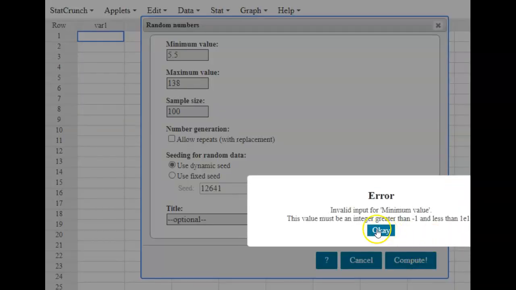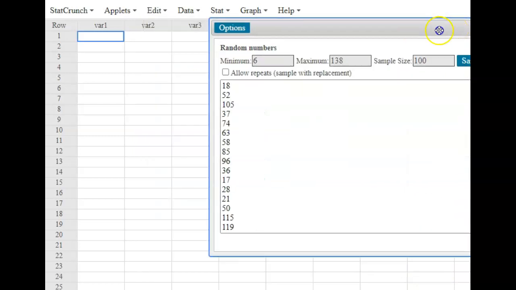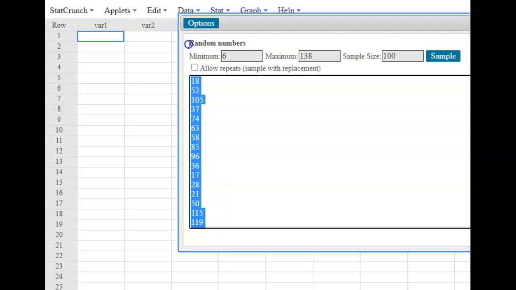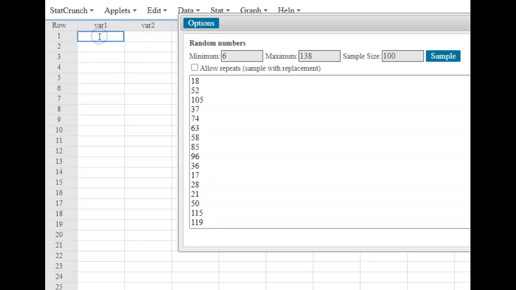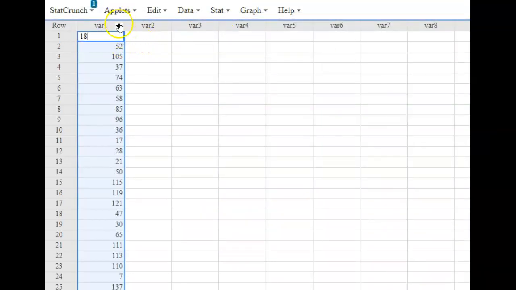And I'm going to compute. Oh, okay, I guess it wants integers. That's okay. I think there's a way to do them as decimals, but we can just have integers in here. So it gives me 100 different numbers. We're going to put them in here. Alright, we want to sort them from smallest to largest, so 6 to 138.